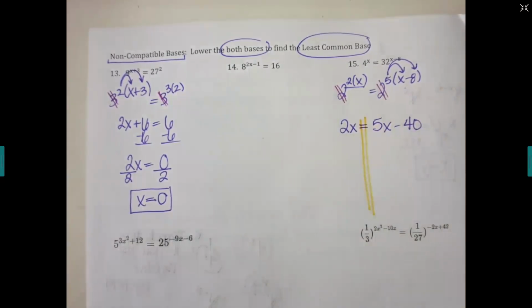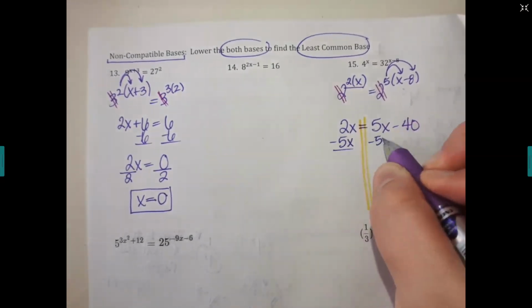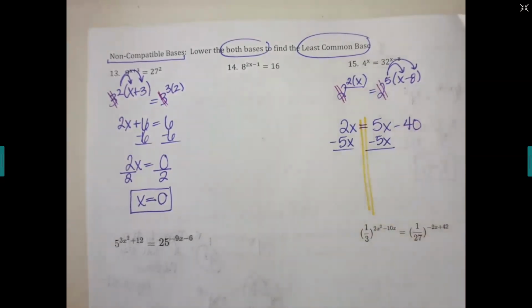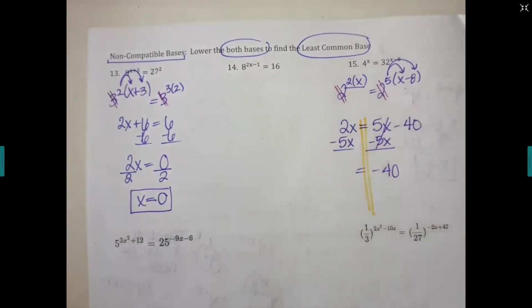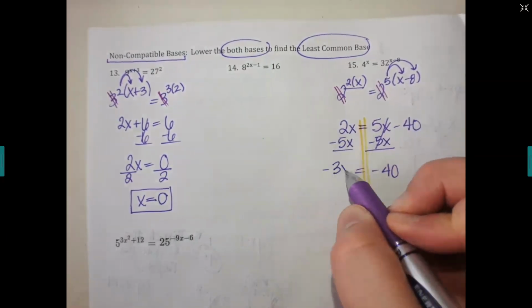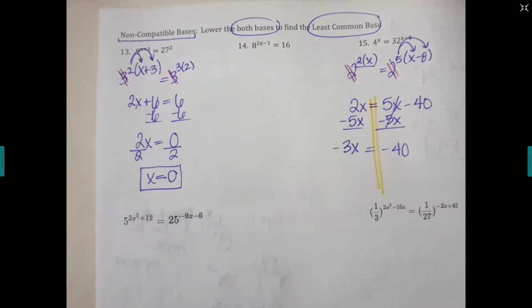So if my 5x is positive, how do I undo it? Subtract it. So 5x minus 5x crosses out, I have a negative 40. And then what is 2x take away 5x? Very good, negative 3x.